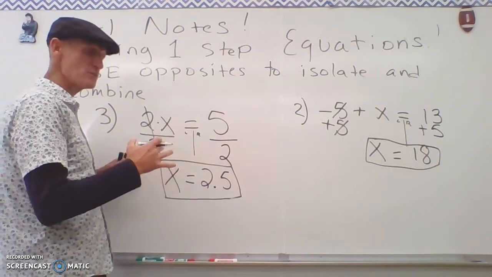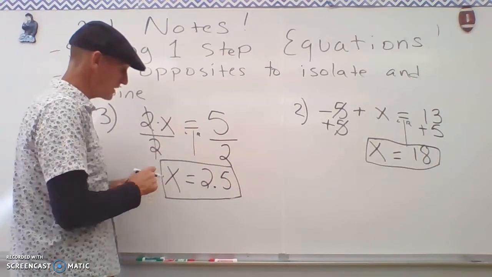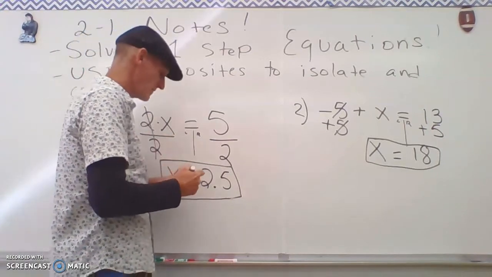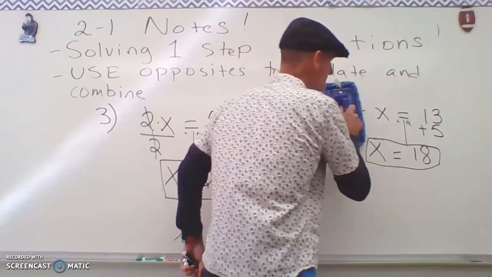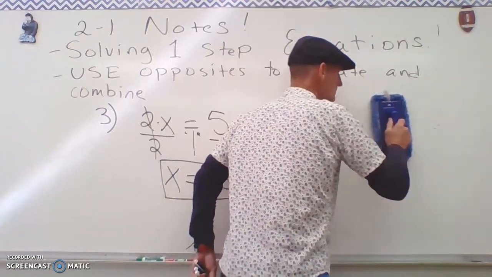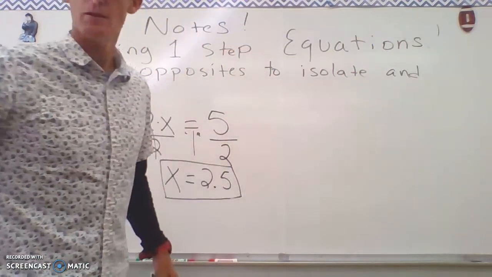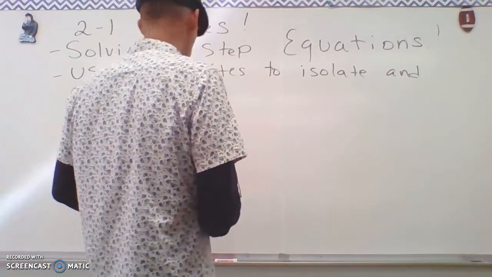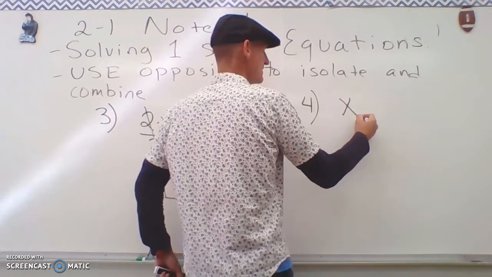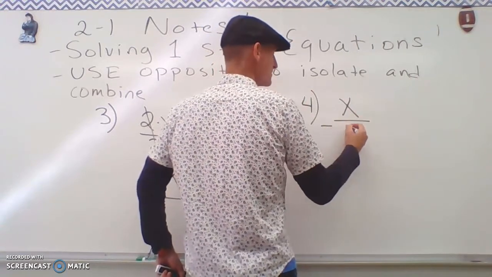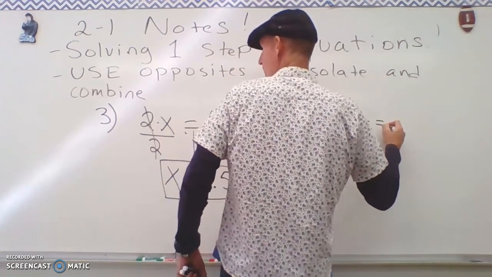Okay, so we did add, subtract. This was multiply, which used divide. The last example is going to be divide. And it looks like this. The fourth one here, x divided by negative 7 equals 12.